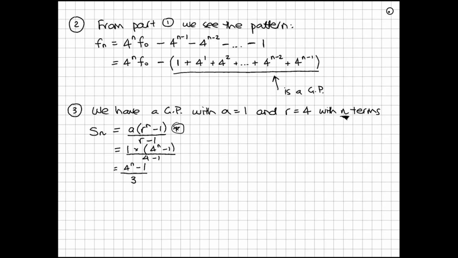So for part 2 we found this expression of a term 4 to the n f0 minus a GP, and in part 3 we evaluated the sum of this GP, so that now in part 4 we're just putting them together.